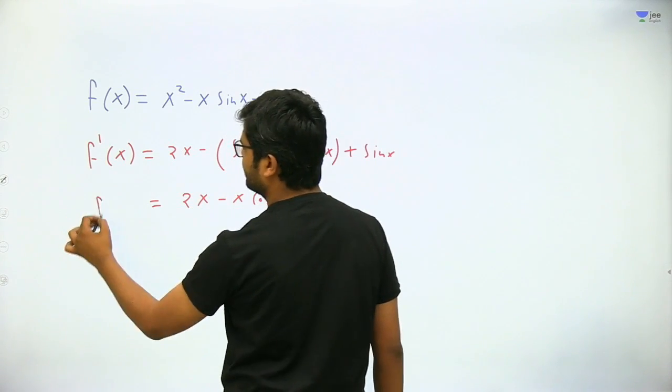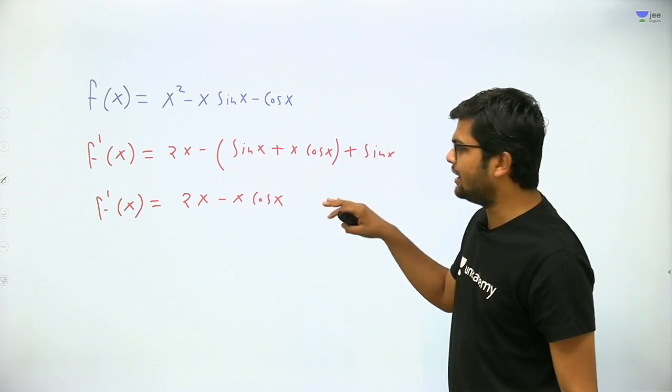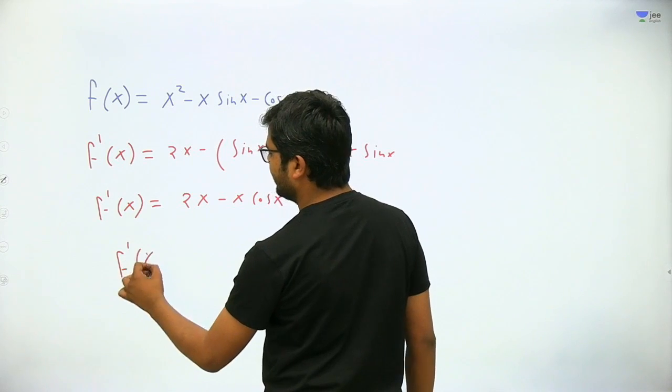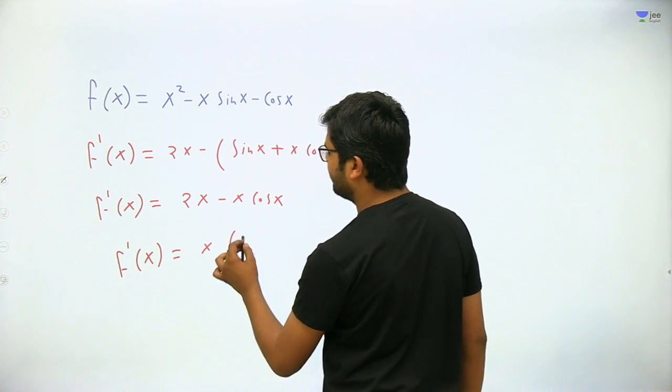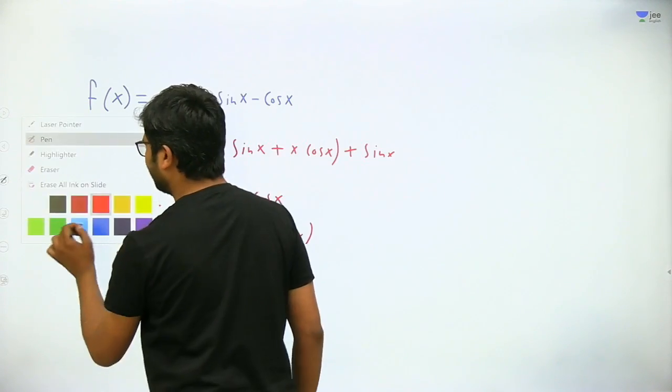This is the f dash x. Got my point? After differentiation it will come. Now you just take x common, so f dash x will come out to be x times (2 minus cos x). Till now no problem, everybody has understood it.